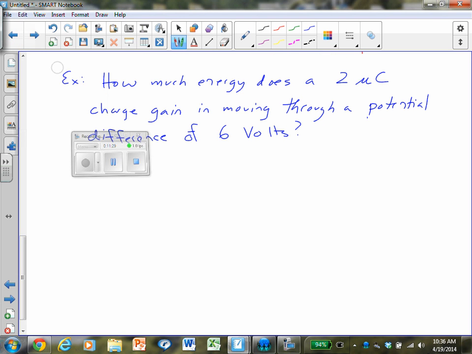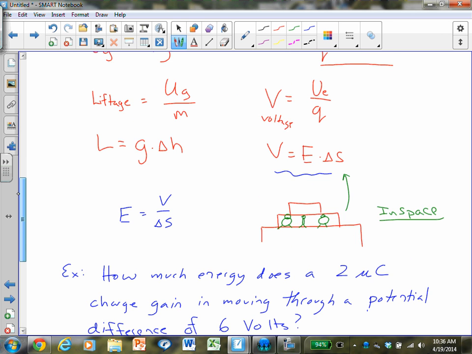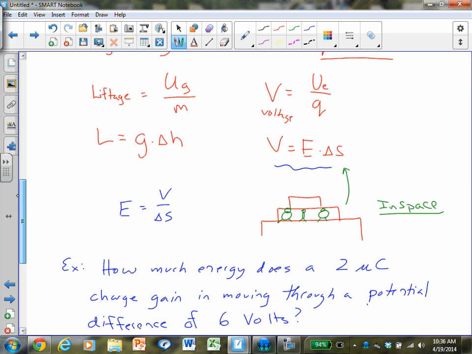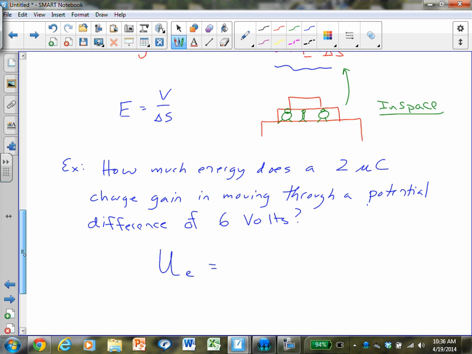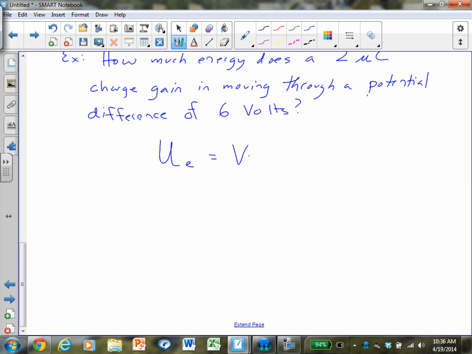Okay, how much energy does a 2 microcoulomb charge gain in moving through a potential difference of 6 volts? Okay, so the energy from electrical would be equal to voltage times charge.